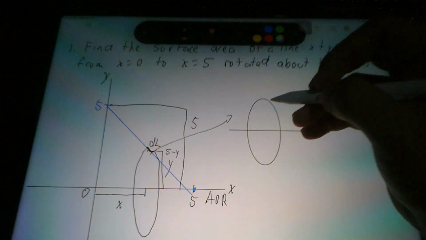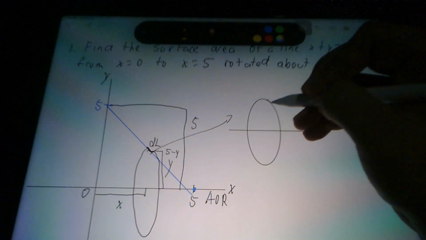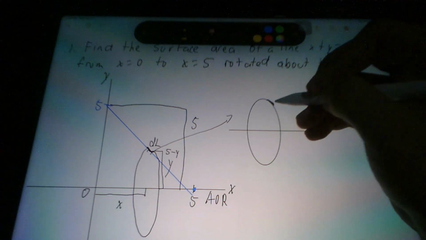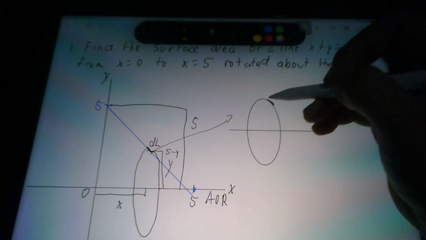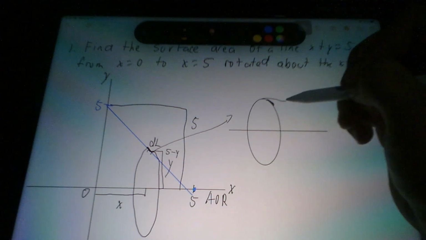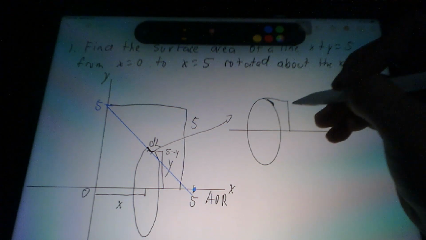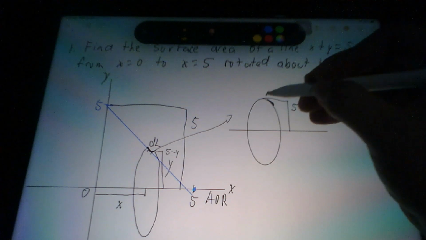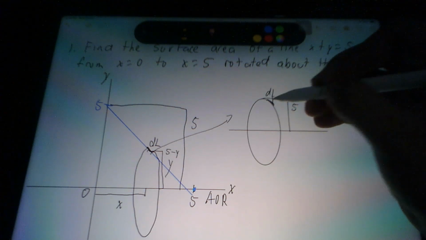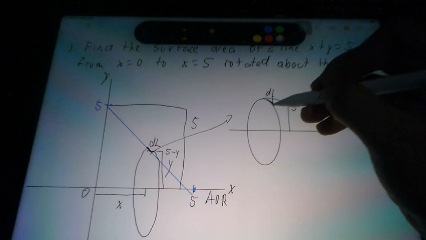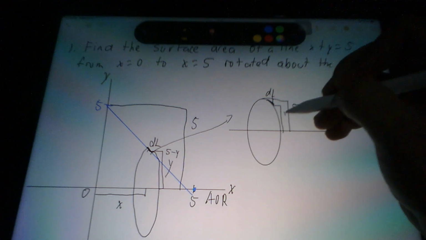So let's say this is my vertical strip here, and from this point to this point in our x-axis, this is 5. Let me name this as our DL here, and from this point to this point is our y.